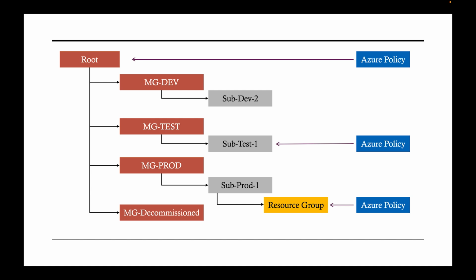That doesn't only mean roles, but also what they can do from a resource perspective. This is a quick overview of the management group design. One thing I want you to keep in mind is that it's very important how you design your management groups. If you do not design them in the right way, you will not be able to have this granular approach that you're seeing on the screen.